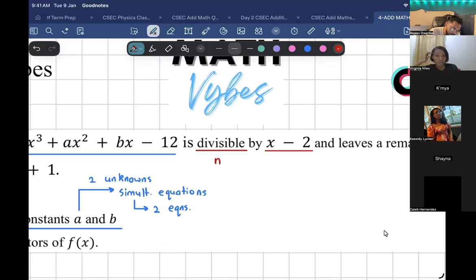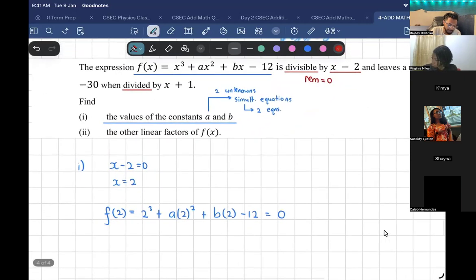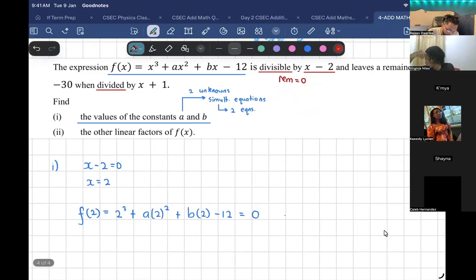So if something is divisible, the remainder will be zero. So for the first part, I set it equal to 0 because they told me it's divisible by x minus 2, and that tells me the remainder is equal to 0. Are we okay with that?